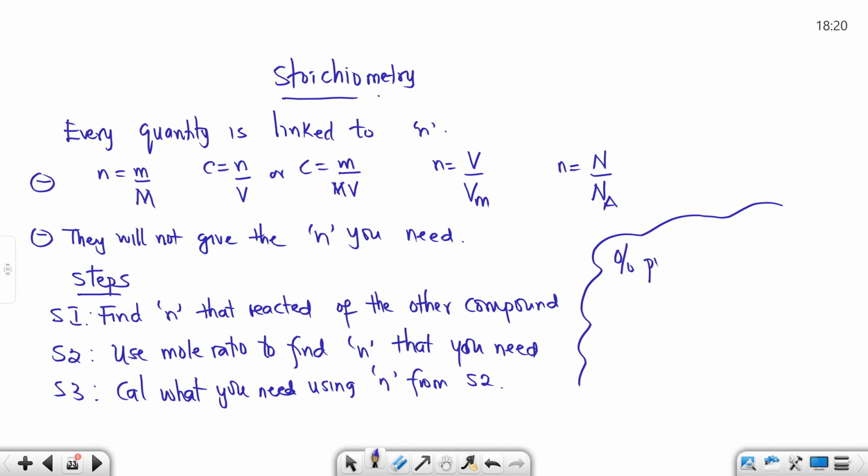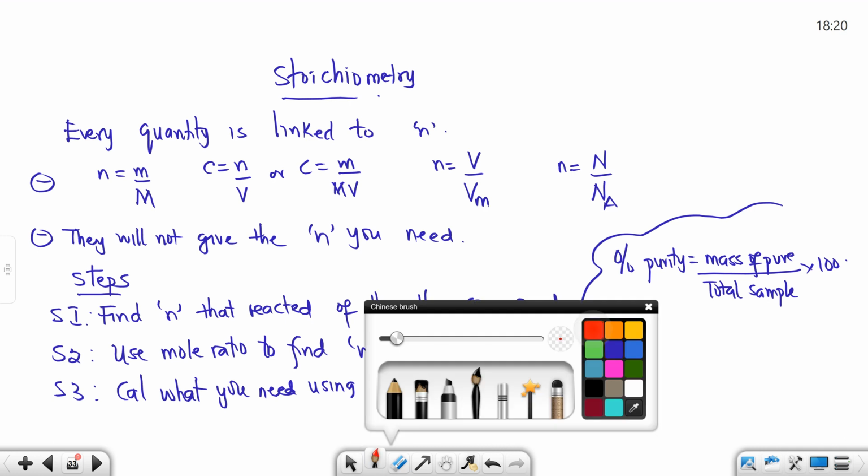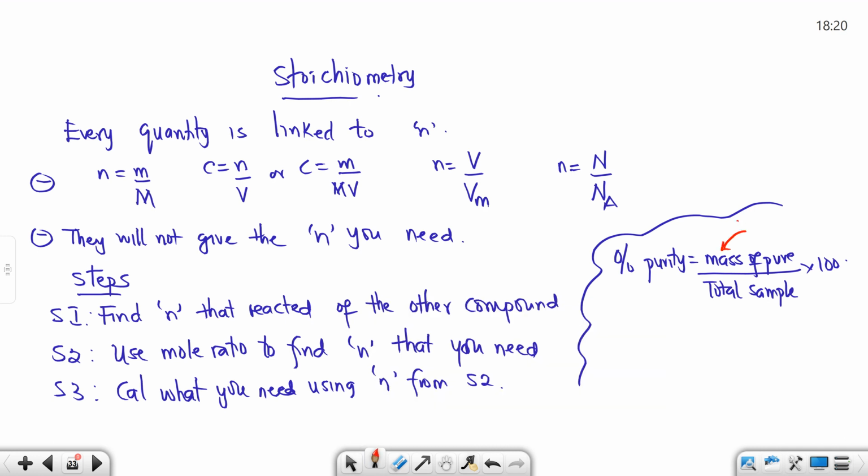You must know how to calculate percentage purity: mass of pure substance over total sample times 100. And let me quickly just add this on one slide. Only pure substances react.